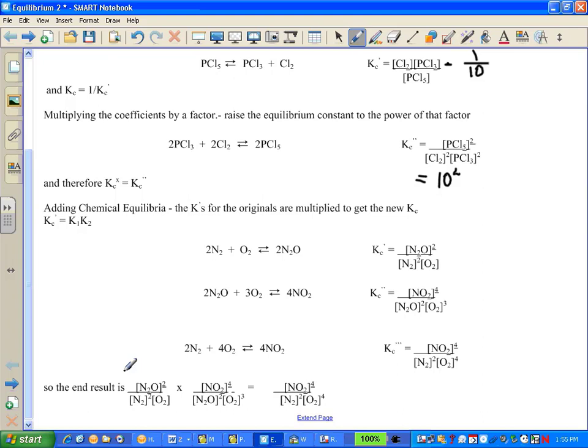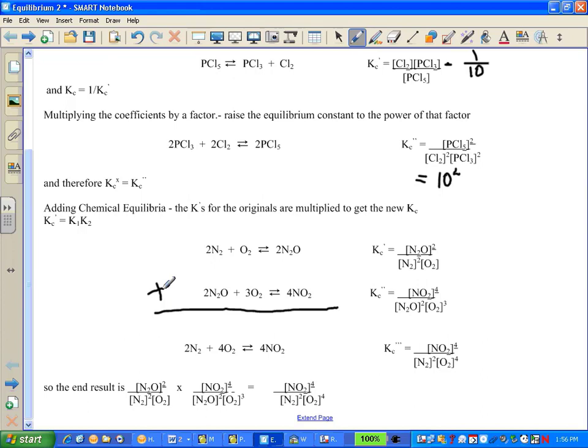First of all, we have to go over what it means to add reactions. We're looking at these two reactions, and we're going to add them to become this third reaction. So we can think about it as a big plus sign. Okay, so we're going to add these reactions.